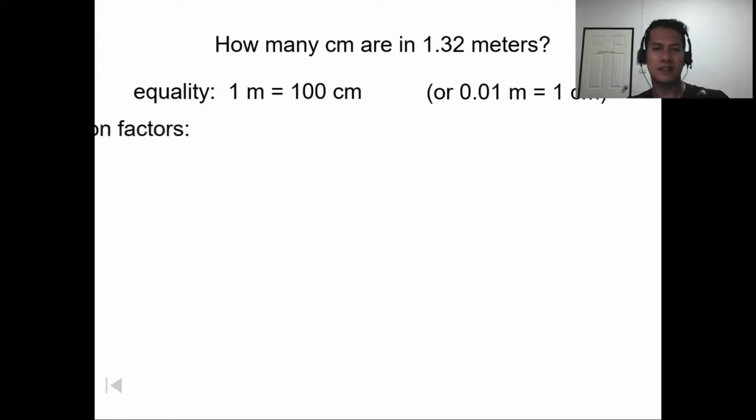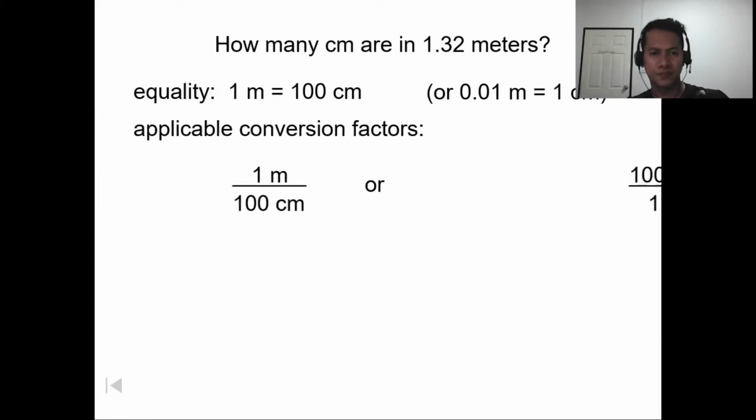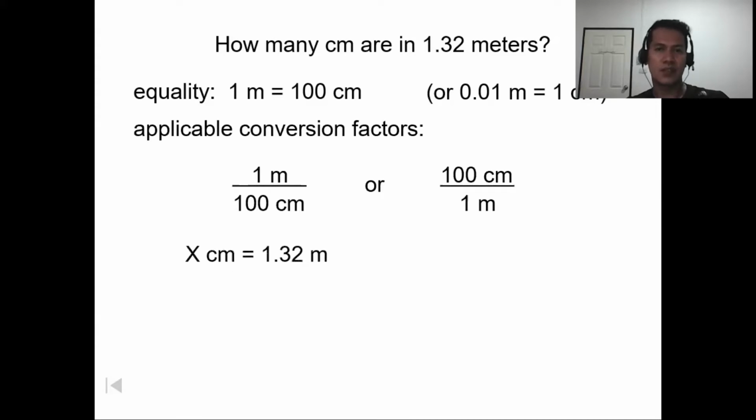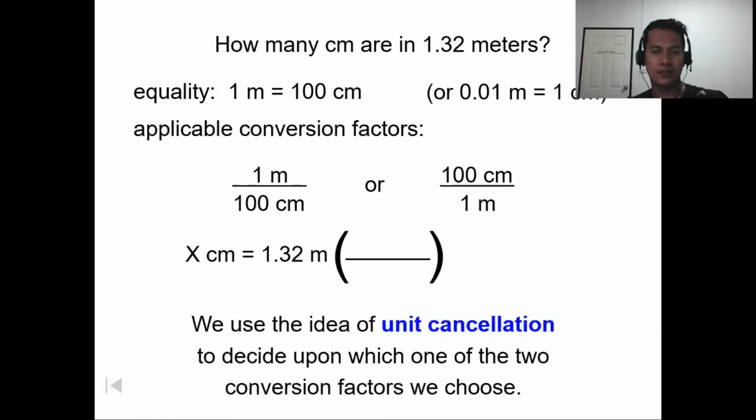So that's our conversion table. This one is the equality, and you're going to look for the equivalence in the conversion table. So what are we looking for in this example? Since we are looking for centimeters, we will write the equation first.